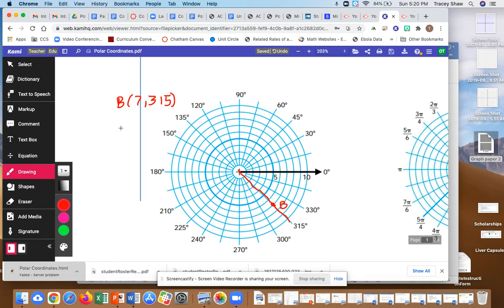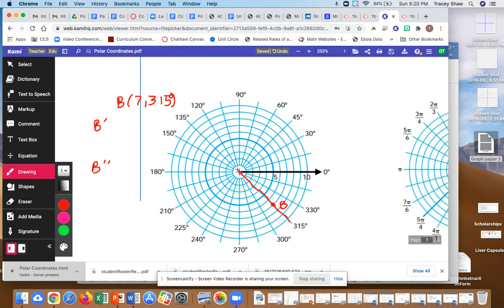Now I want to name another point that would end up in the same location as the point (7, 315). And remember, this is in degrees. So I'm going to call that B prime, and then I'll do B double prime for the other one. All right, so one way I could do it is I could consider those negative radii that I was using before.